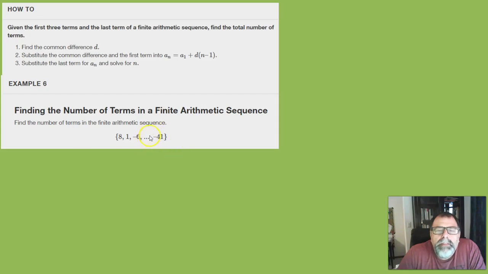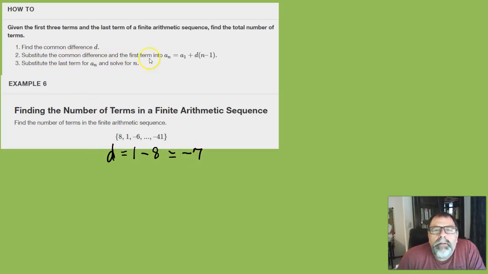We can't see how many are in the "and so on" portion here. So the technique is first figure out D. Oh no, sorry, we're subtracting the latter one minus the first, A2 minus A1, which is negative 7.